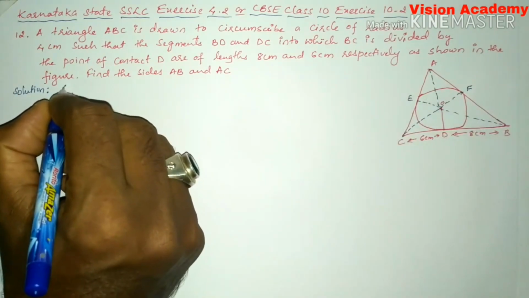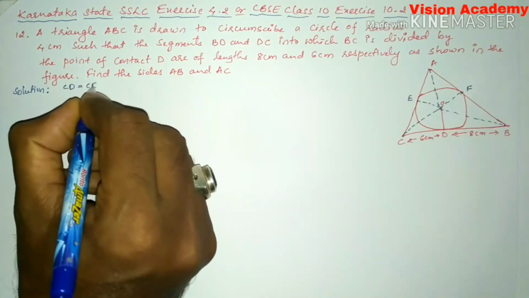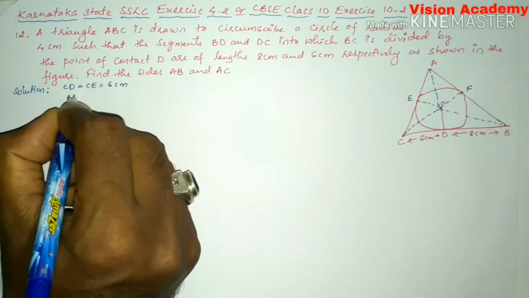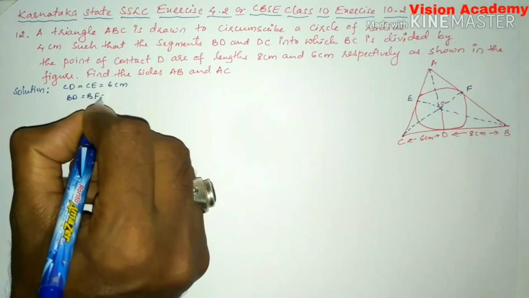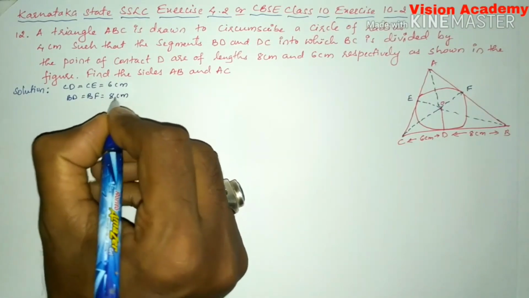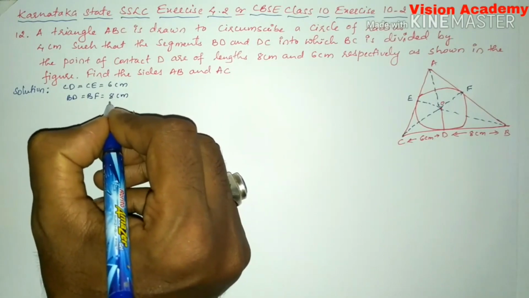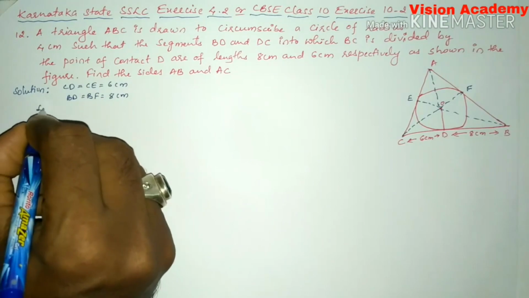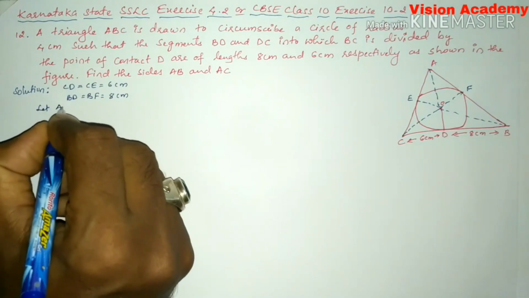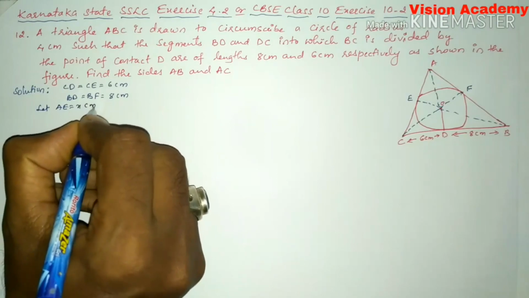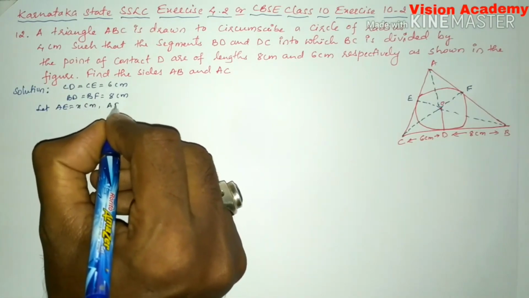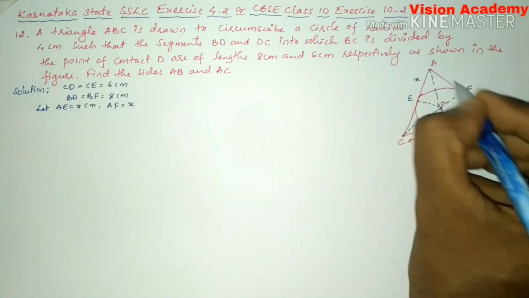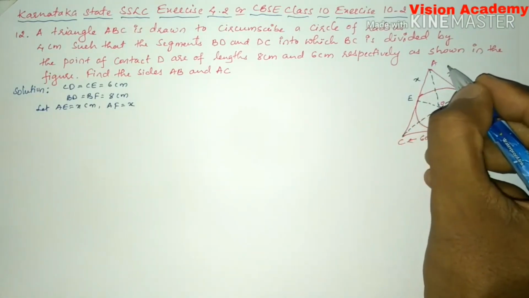Here we will write CD is equal to CE is equal to 6 cm and BD is equal to BF is equal to 8 cm. This is because tangents from an external point are equal. So now let us consider AE is equal to x centimeter and AF is equal to x centimeter.